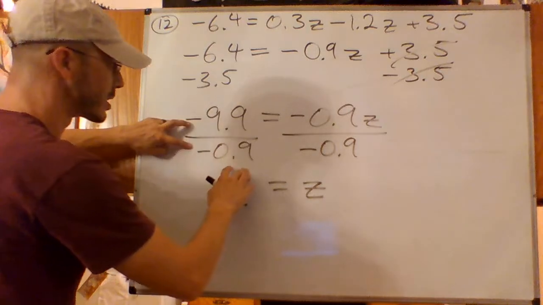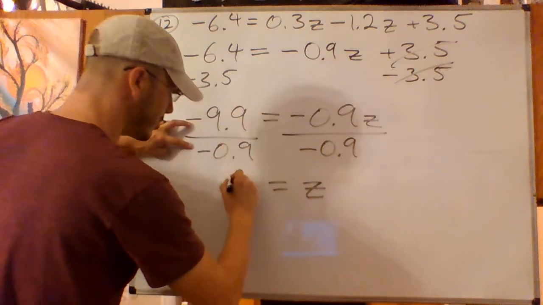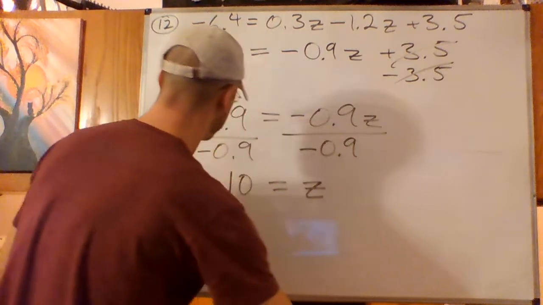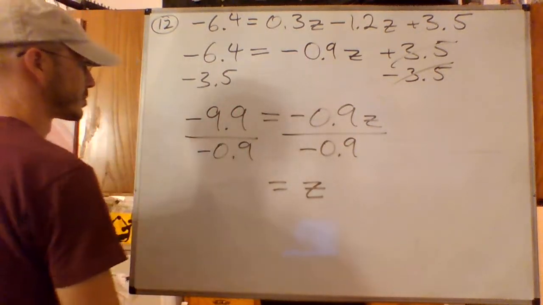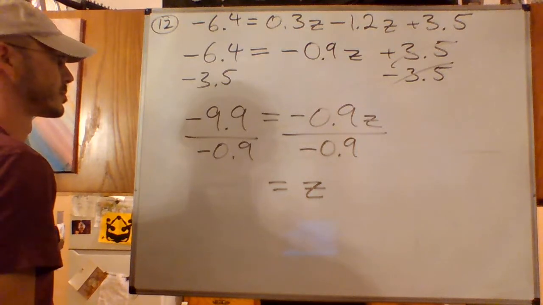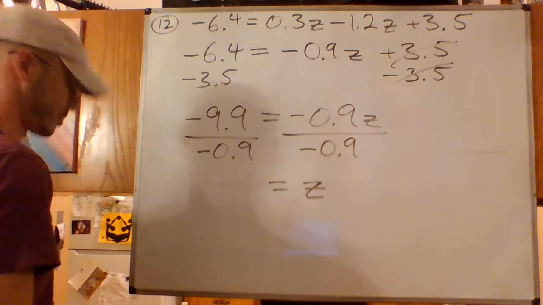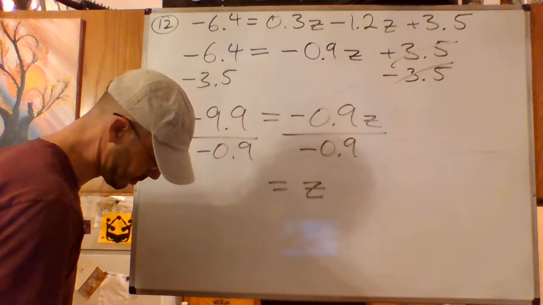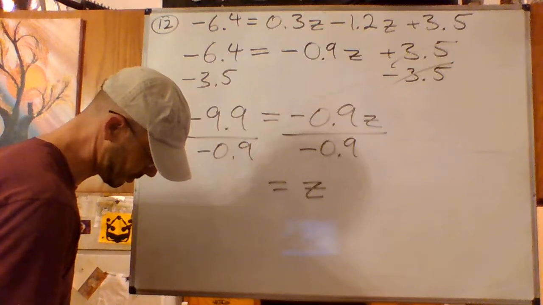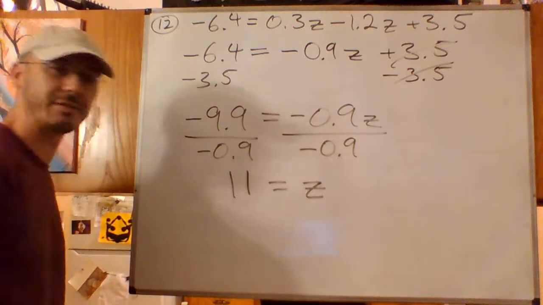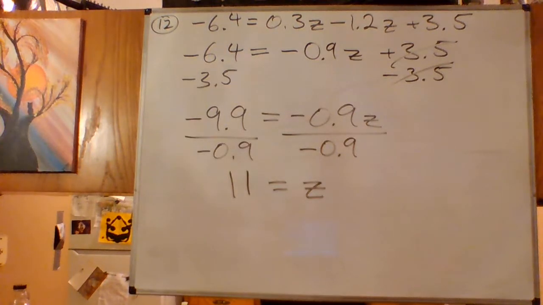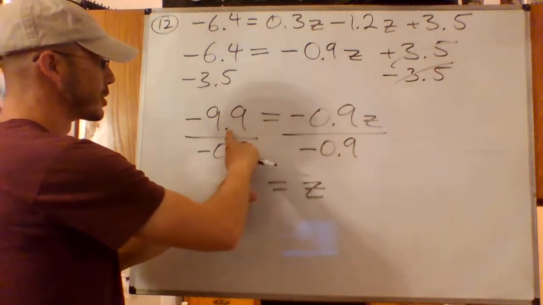9.9 divided by 0.9 is 11. In fact, you might even be able to do this without a calculator.